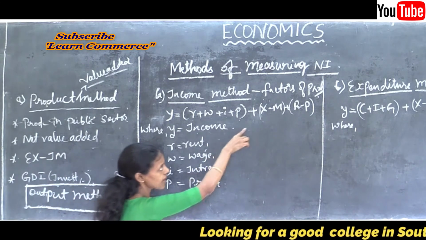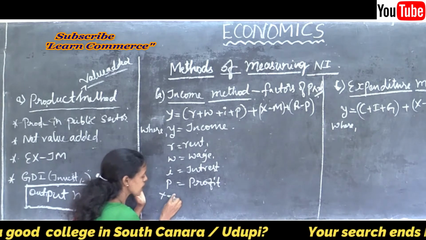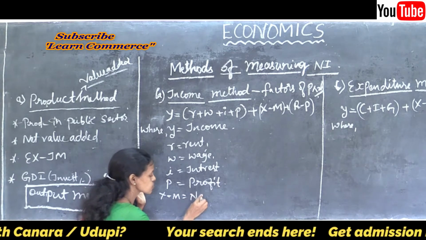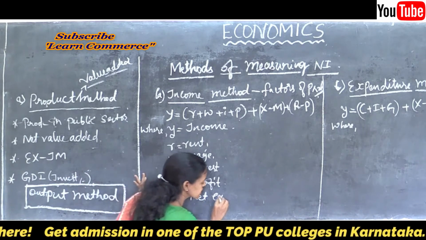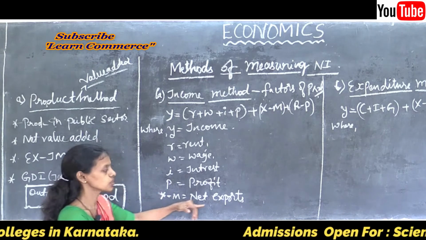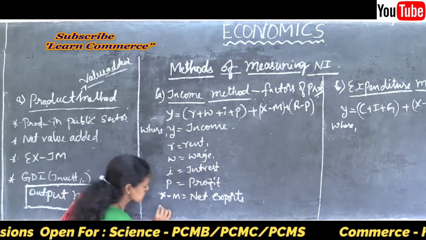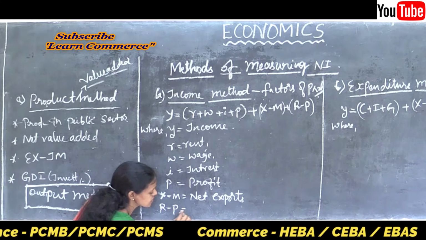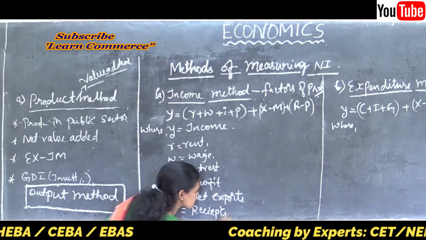So, X minus M means export minus import, or net exports. Export minus import is nothing but net exports. Income received from the net exports is also included while calculating national income. R minus P means receipts minus payments.